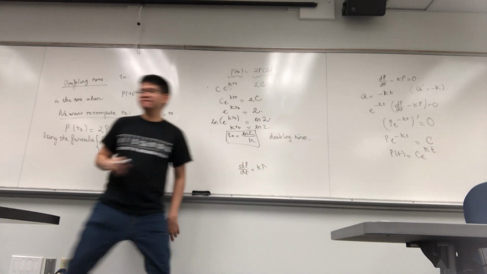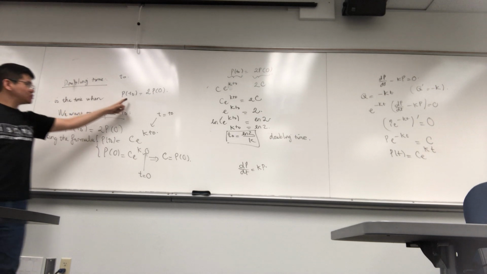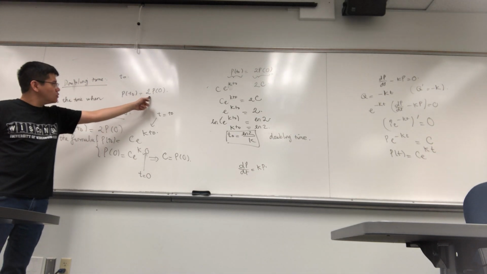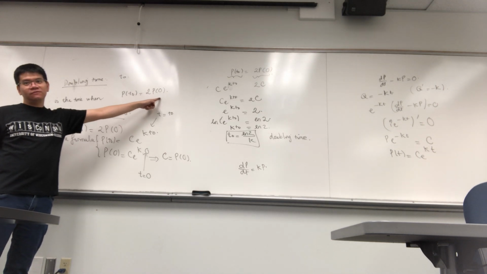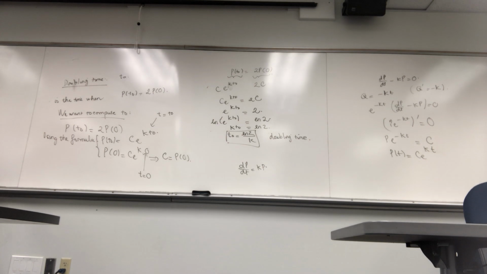It's clear? So I explain again. The doubling time is the time in which the population is double. So the doubling time will be at time t0, such that the population at time t0, which is P(t0), is double P0. P0 is the initial population.